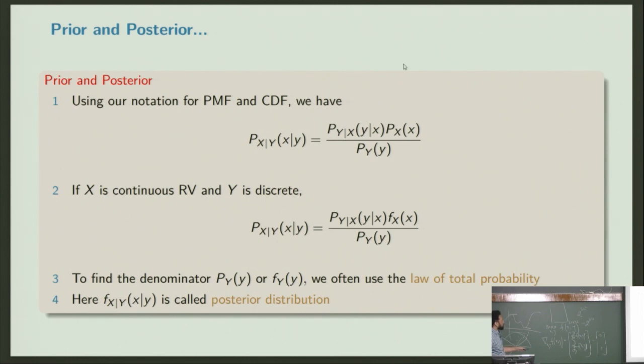These are the same formulas; it's just that if x is a continuous random variable, then we change p to f. Otherwise, everything remains the same. If you have done some problems on probability, sometimes you have a hard time finding p of y, but then you can use the law of total probability and expand it.